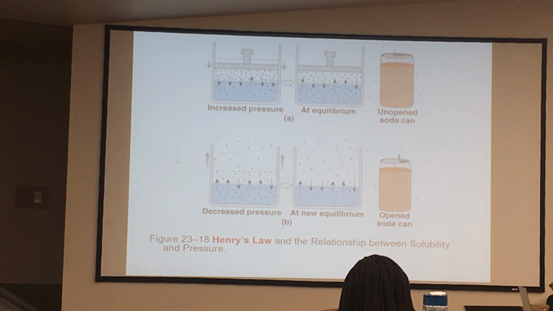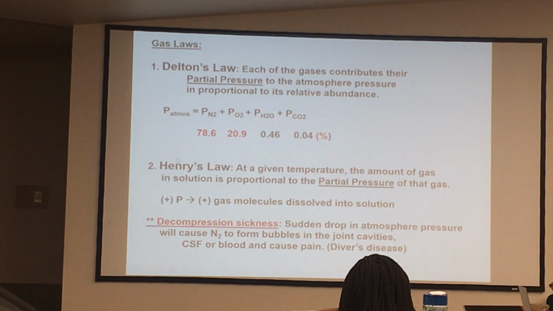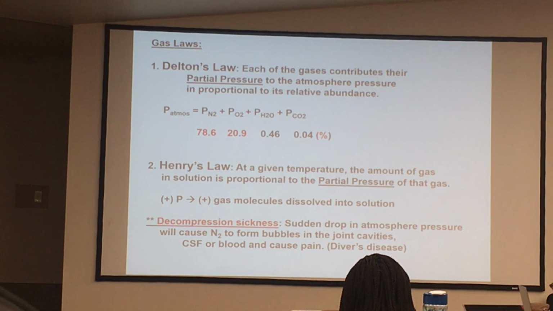That is Henry's law, and this law also applies to humans. If someone suddenly experiences a decrease in atmospheric pressure, then nitrogen will come out and accumulate in the joints, and we call it diver's disease.